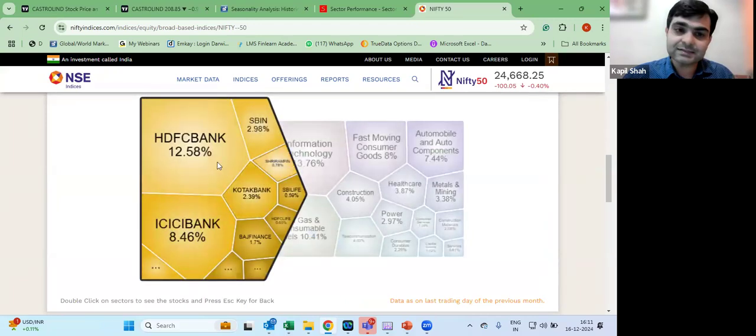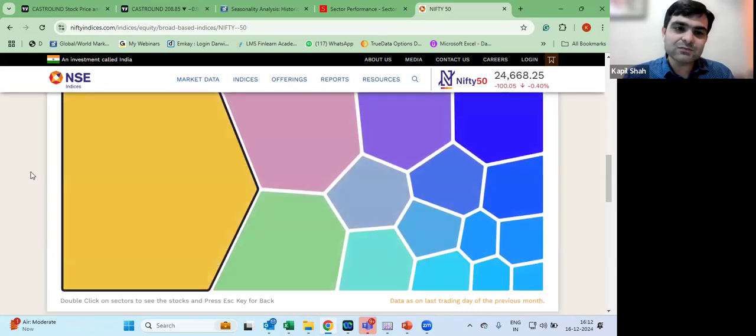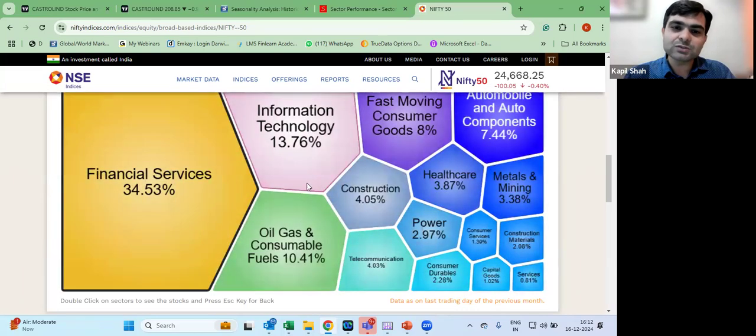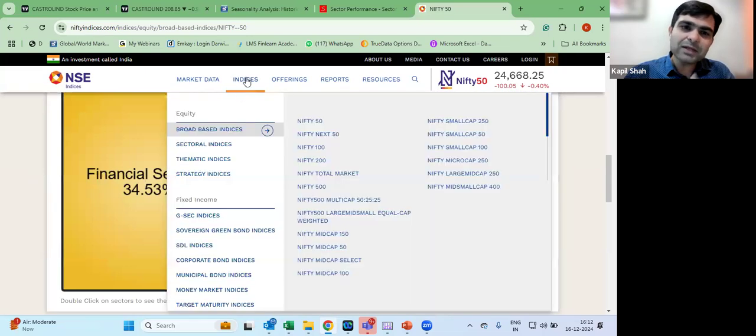Here I can see HDFC Bank, ICICI Bank, SBI, each carrying a certain weight. So this is an understanding of what is working behind the Nifty being at a 24,700 level. These are the little engines working behind it: financial services, information technology, and so forth. Likewise, we can map each and everything.